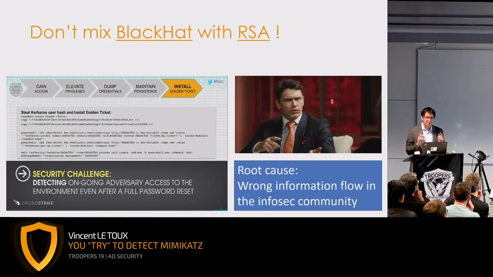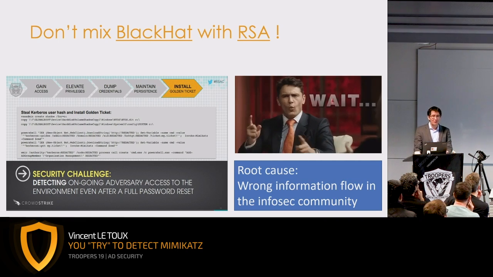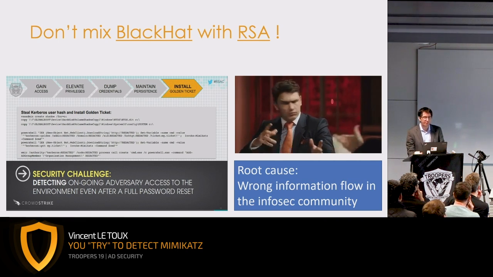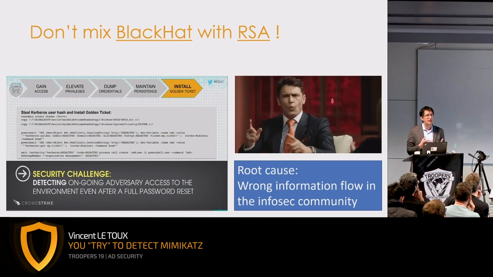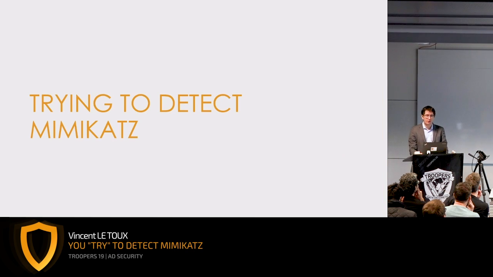But maybe it was RSA, and the main conference was Black Hat. So indeed, when you look at the slides of the RSA conference, there are no details. And you can understand that if everybody is not picking the right information, you miss data, and then you break something.